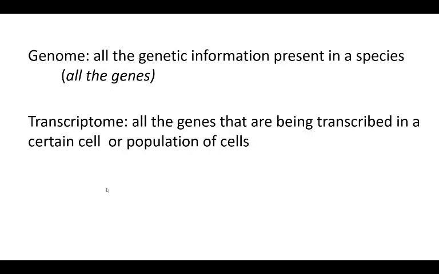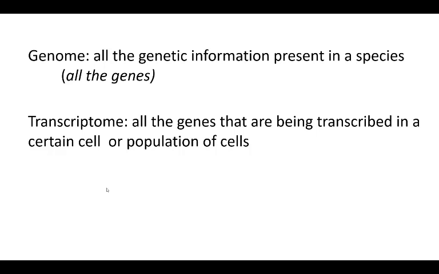The last two techniques I'll talk about are a way to investigate not just one or a few genes, but really all of the genes that are being transcribed in the entire cell. You've probably heard the term genome, which is used to indicate all of the genetic information present in a particular species, so all of the genes that are there.